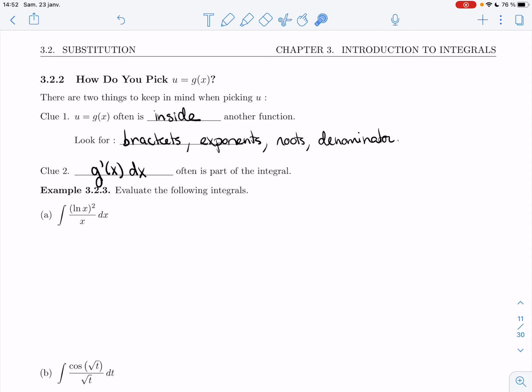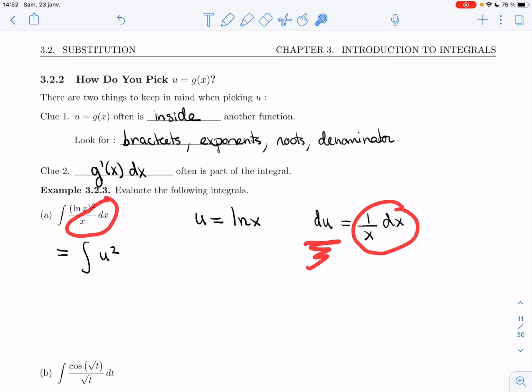All right, so the correct u to take here is ln of x, and then du is 1 over x dx. And so in this integral, I have u squared, and then this is exactly du, so u squared du.